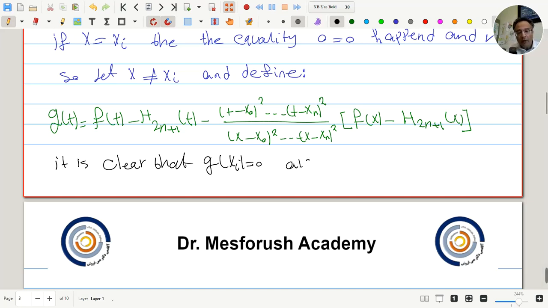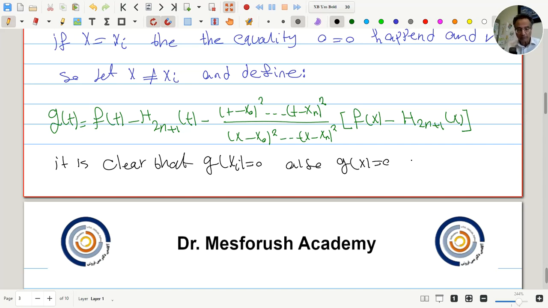Okay? Also, g of x is equal to 0. Put x instead of t: f of x minus h_{2n+1} of x. The numerator and denominator are the same, and we cancel both, and it remains 1. So it will be f of x minus h_{2n+1} of x minus f of x plus h_{2n+1} of x, and this is also clear, and it will be 0.